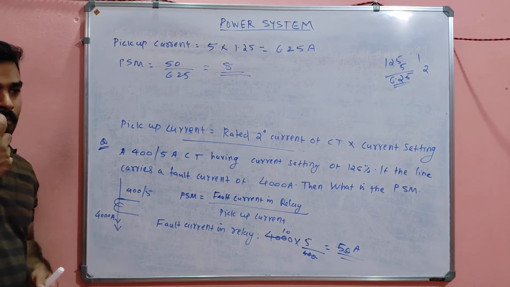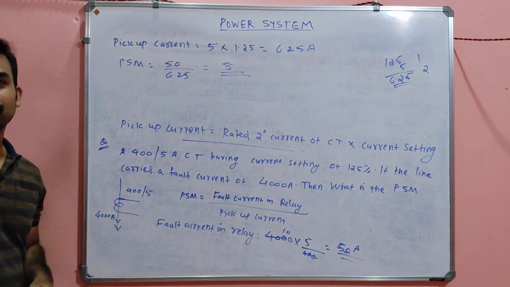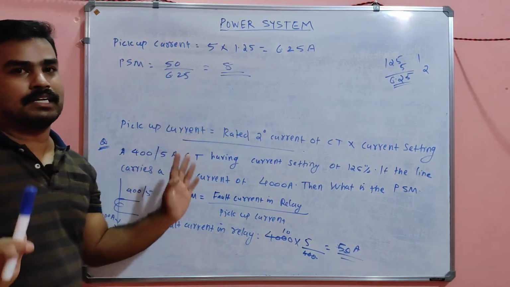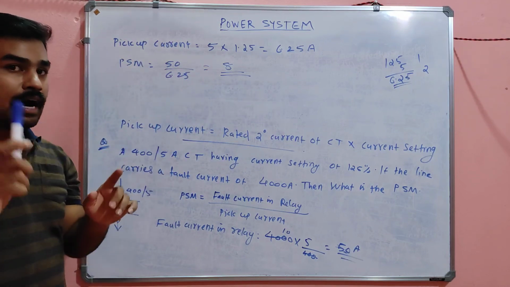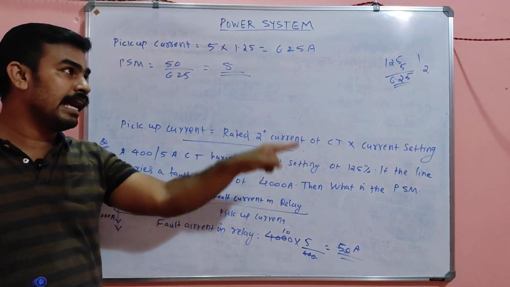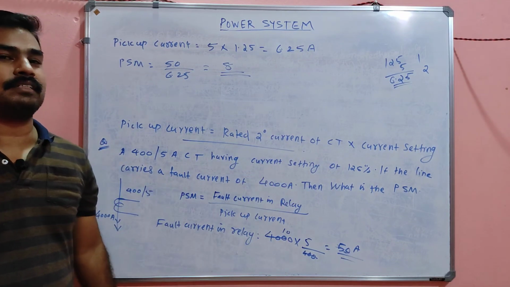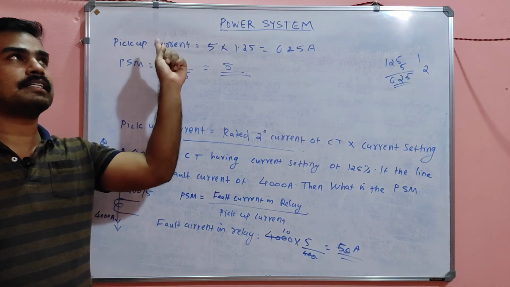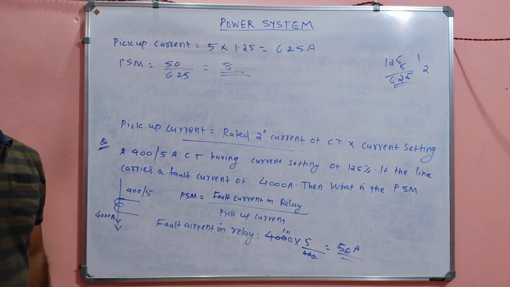Mug-up type students won't answer that type of question. They only know the plug setting multiplier equation and pickup, and that's all. But they asked for the fault current, which relates to the line, the bigger current. Only those who think that the fault current is on the load side get the answer.